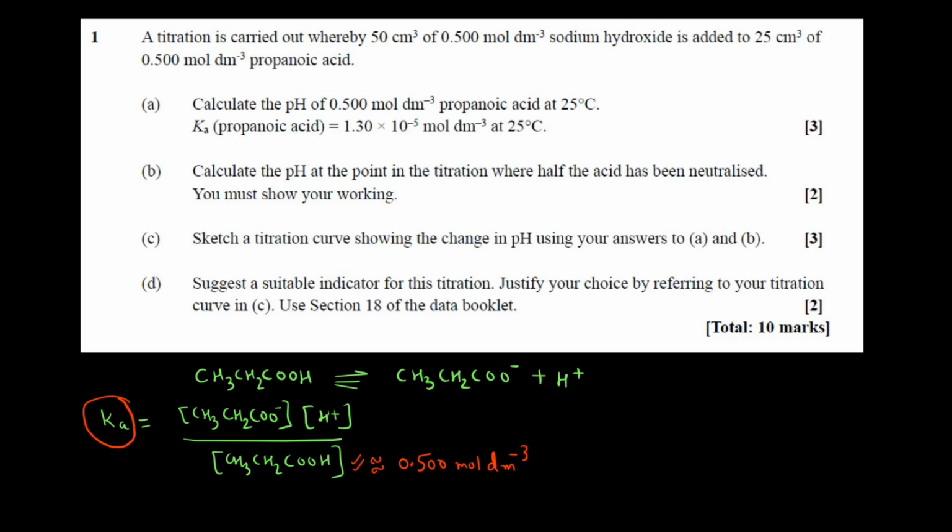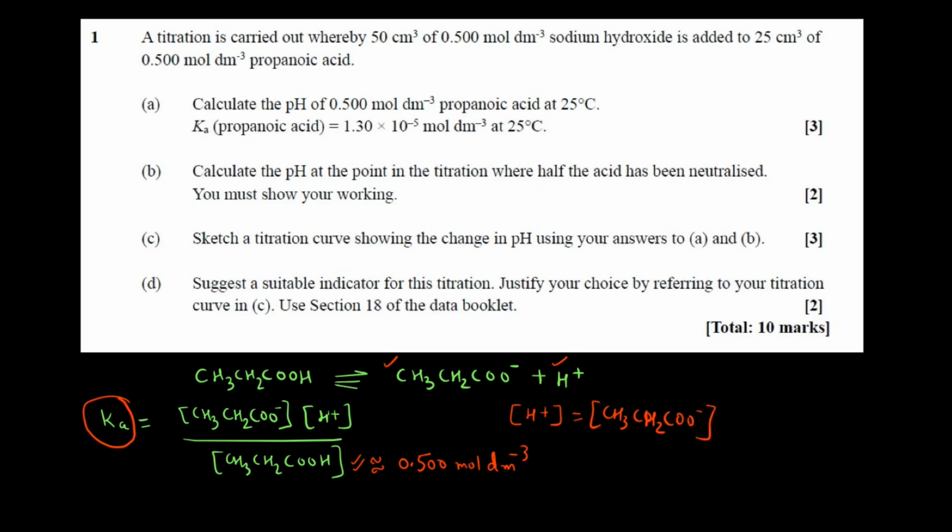This we have done for the ease of calculation, and we know that the amount of propionic acid that dissociates will give us an equal amount of propionate ion and H⁺ ion. So we can say that the concentration of H⁺ ion will be equal to the concentration of CH3CH2COO⁻.